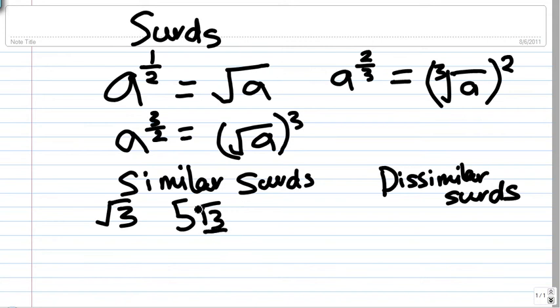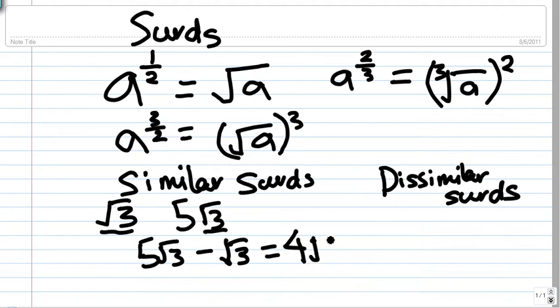It's got a common element, root 3. So if I tell you 5 square root 3 minus root 3, of course when I write root 3, it is understood to be 1 root 3. So 5 root 3 minus 1 root 3, you get 4 square root 3.